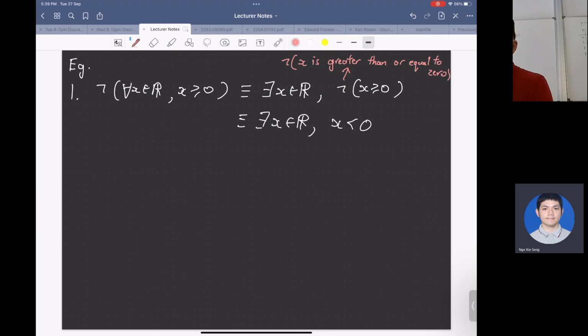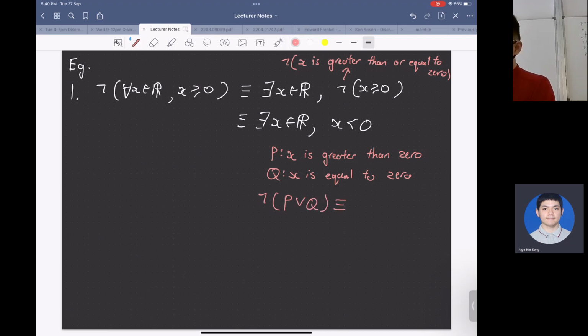Let P be x is greater than 0, and Q be x is equal to 0. Not (P or Q) is logically equivalent to not P and not Q. So what is this rule?